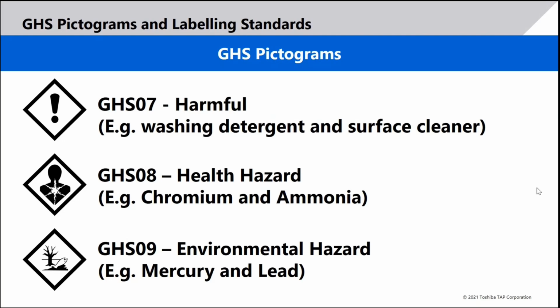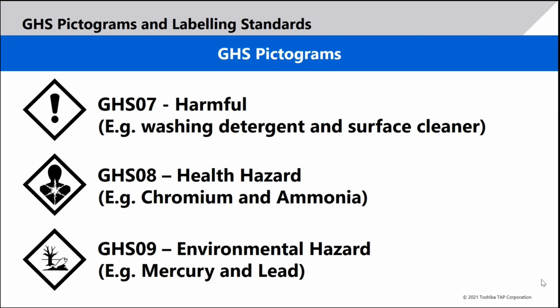This symbol is not to be used in conjunction with the skull and crossbones pictogram or the corrosion pictogram. The health hazard pictogram is to be used to indicate respiratory sensitization. Then GHS-08, health hazard: respiratory sensitization, carcinogenicity, toxicity. For example, chromium and ammonia are definitely big health hazards.